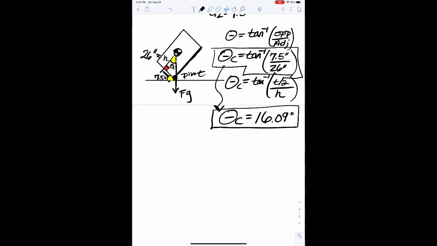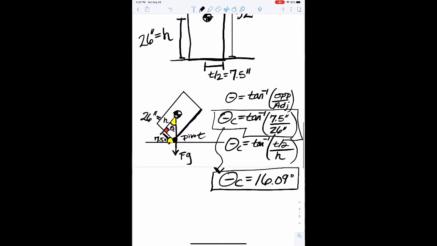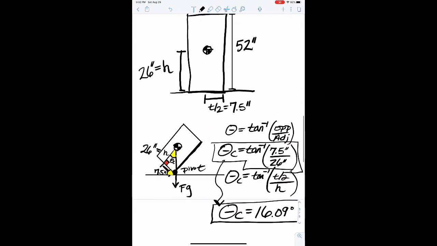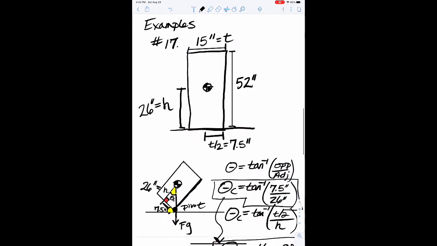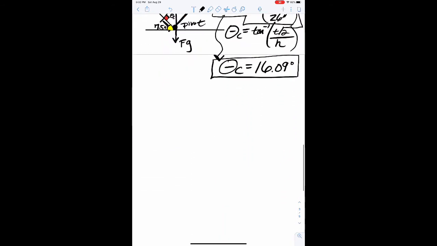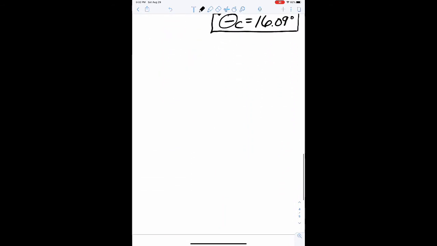Okay, cool. And that was number 17 there from the textbook. So let's go ahead and look at one more. Let's look at number 22.